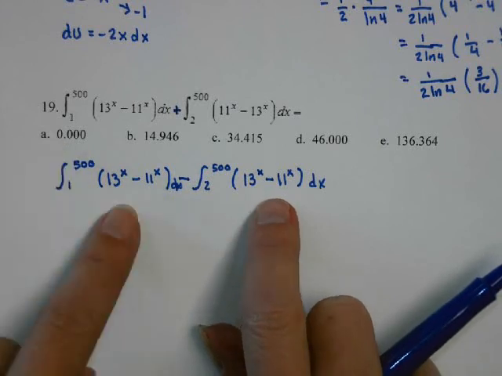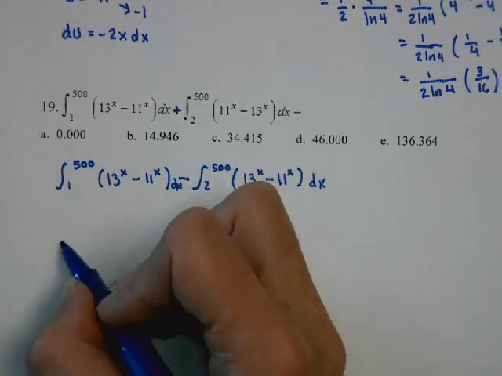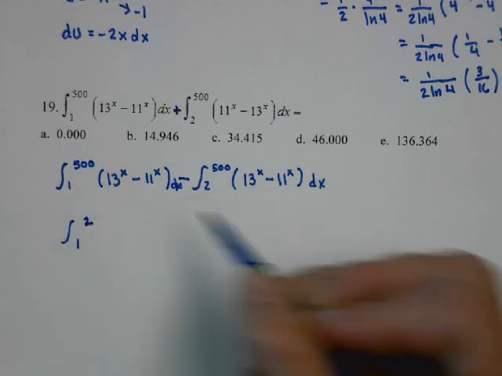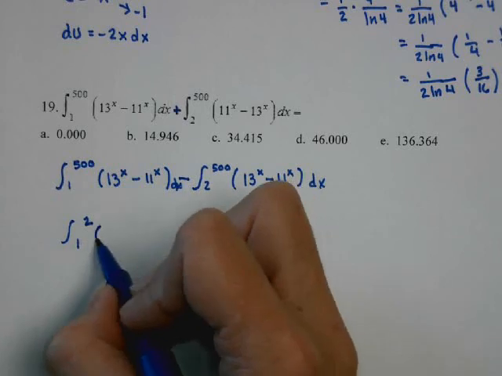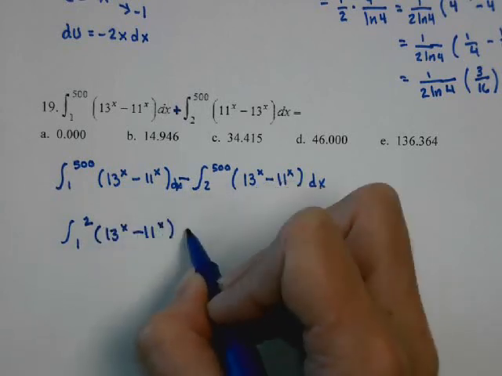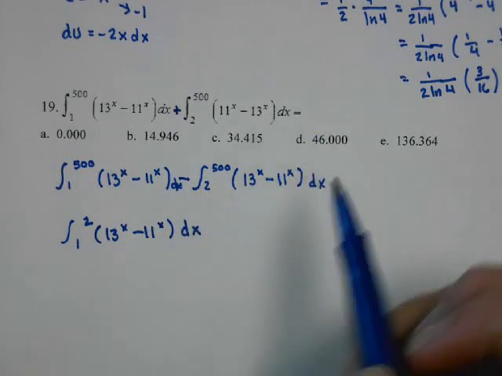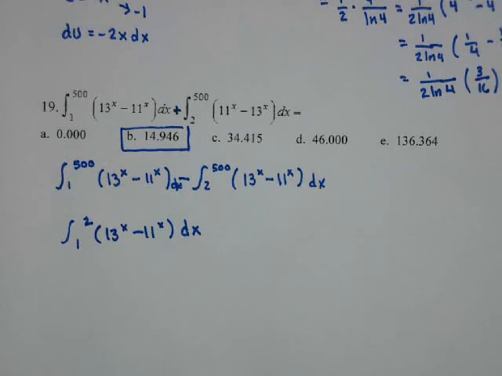So the integral from 1 to 500 minus the integral from 2 to 500 is going to equal the integral from just 1 to 2, because we're taking everything from 2 to 500 away. Then you will be able to use your calculator to evaluate this, which when you do, will give you b. So those are the different types of integrals involving logarithms and exponential functions.